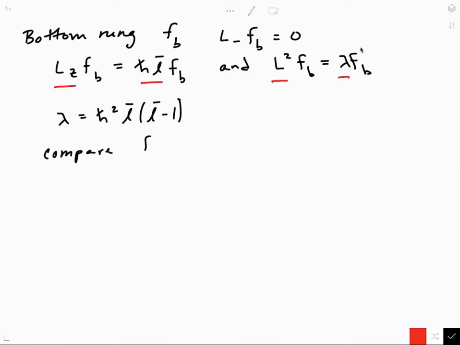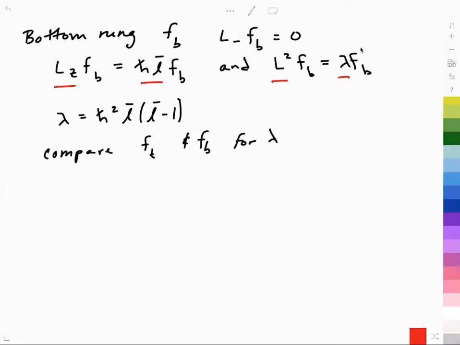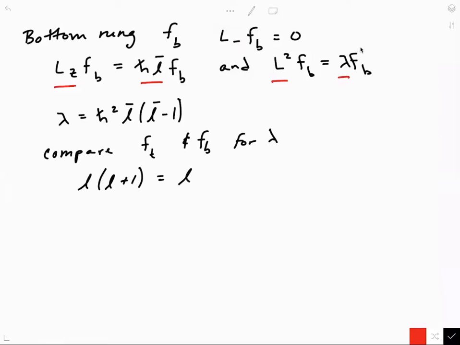If we compare our top rung answer for the eigenvalue of the angular momentum squared and our bottom rung answer for that eigenvalue, we get L times the quantity L plus 1 equals L bar times the quantity L bar minus 1.